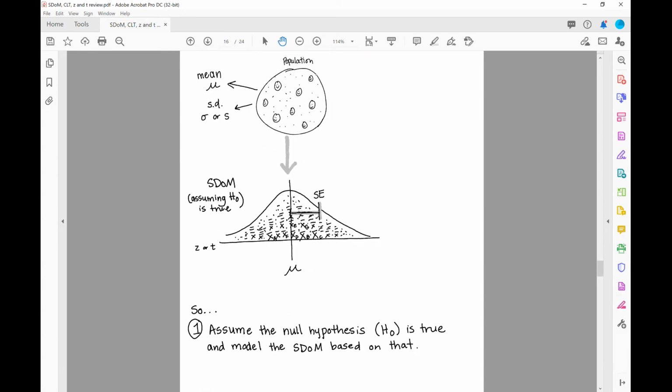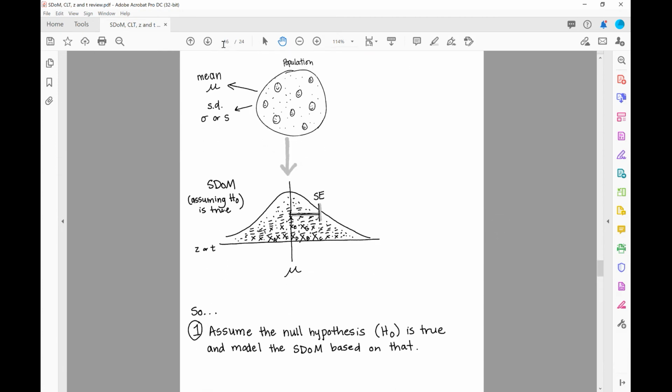So we've got our population. Since we don't know what the mean is, we start by assuming what the mean would be based on the null hypothesis. So when we're building our SDoM, this mean that gets put in is based on the null hypothesis.